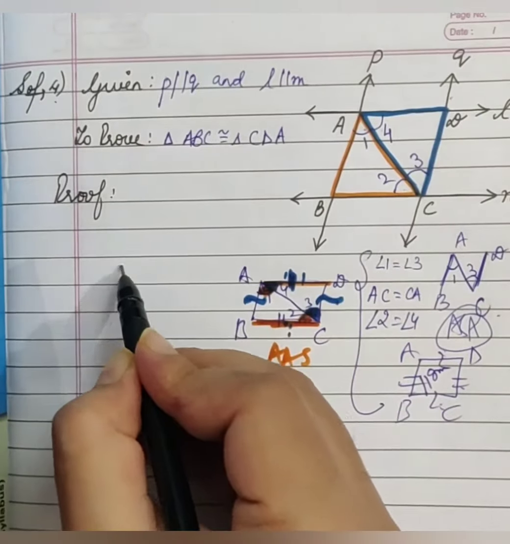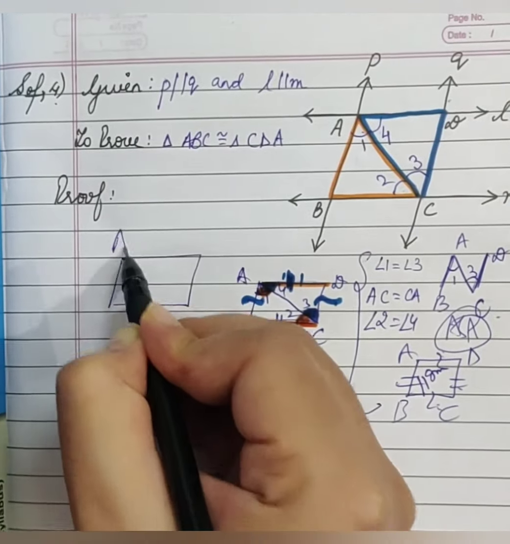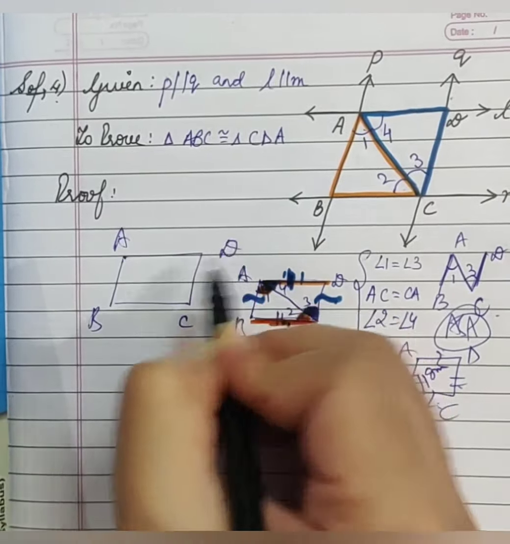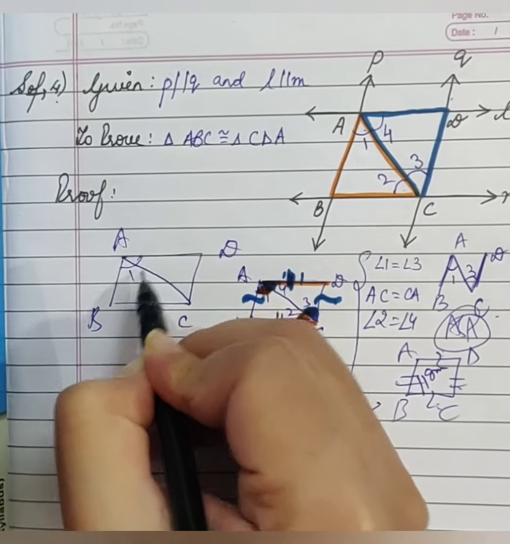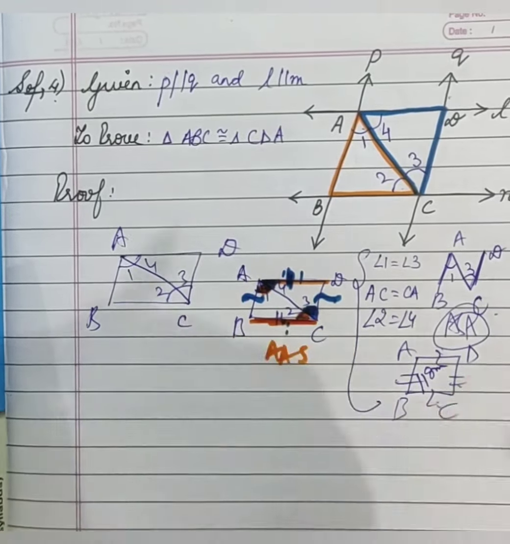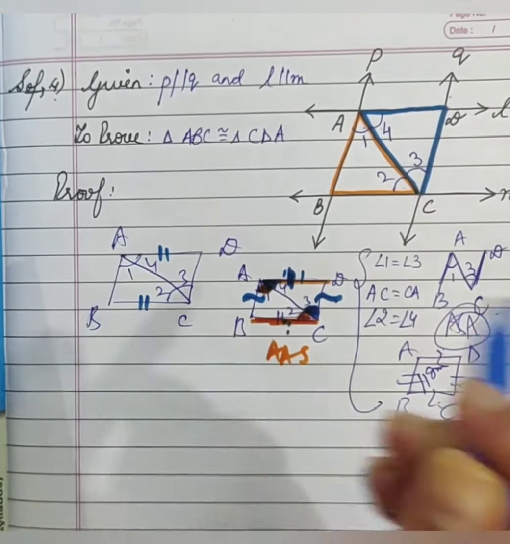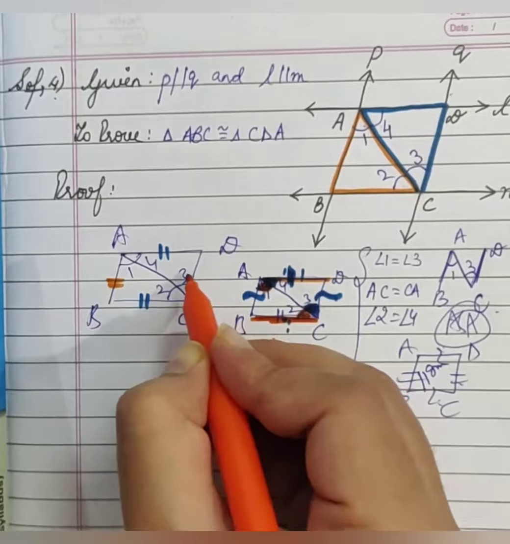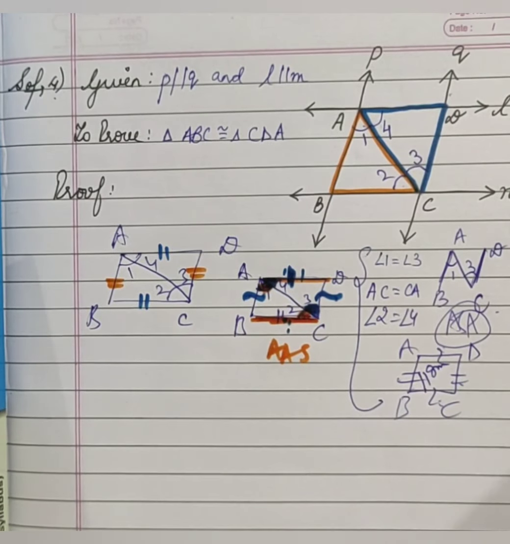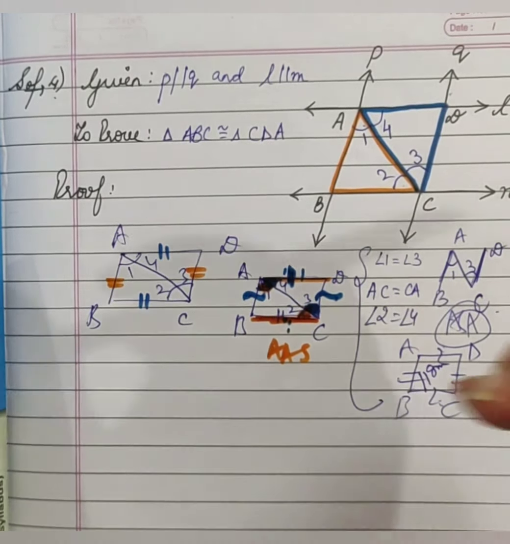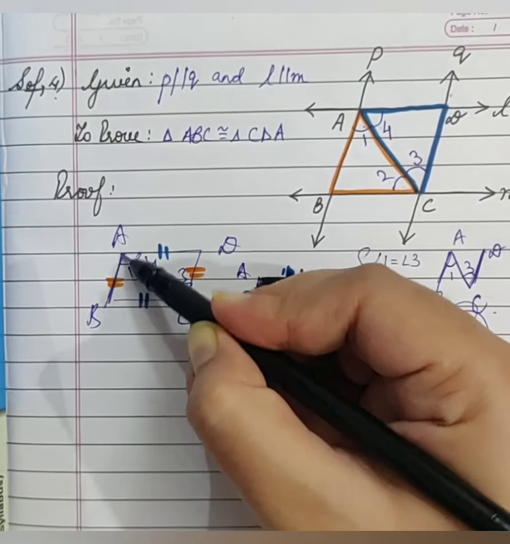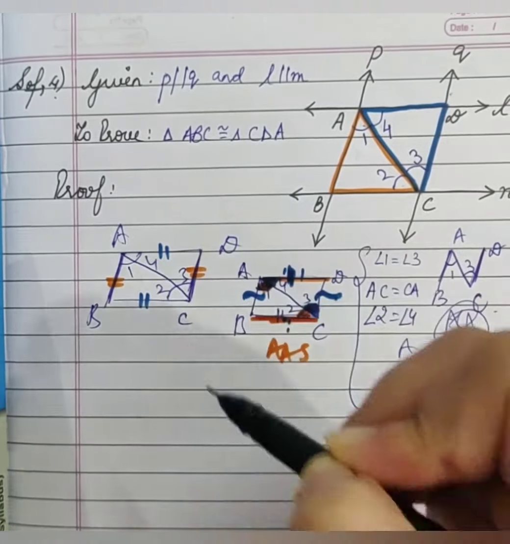I'll take the same diagram. A, B, C, D. This is the diagonal, 1, 4, angle 2, angle 3. Now we know, since it's a parallelogram, opposite sides would be equal. Now, this side would be equal to this side.